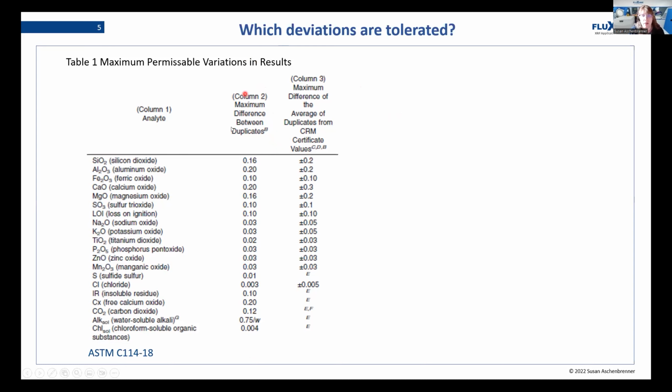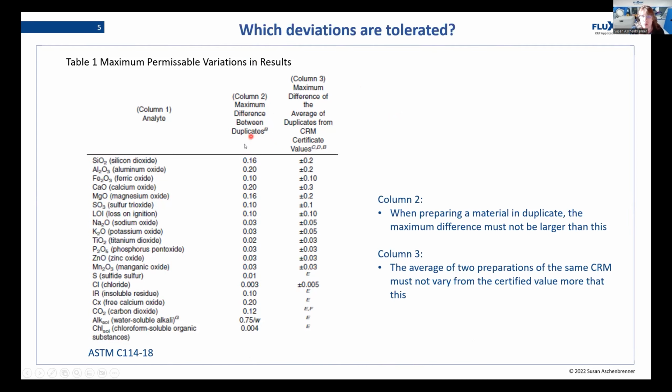What's happening here? Column 2 is kind of easy. You are analyzing two samples, so you're preparing a material twice, and then you measure both of your preparations, and the difference between those two different preparations is not allowed to be larger than 0.16 in this case for silicon dioxide.